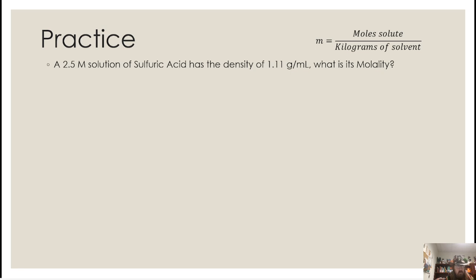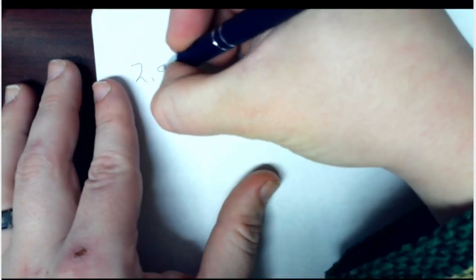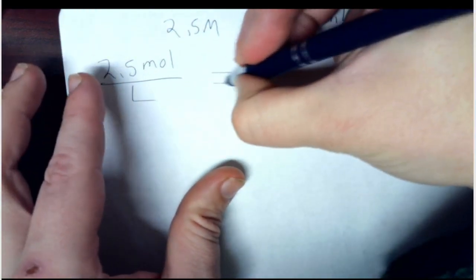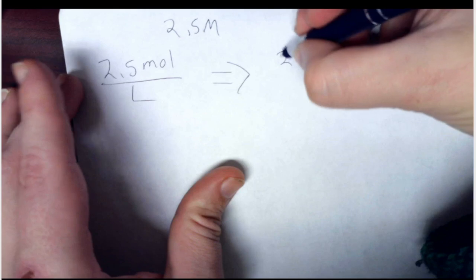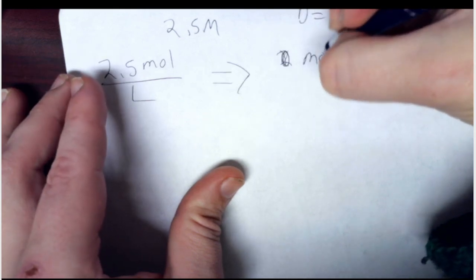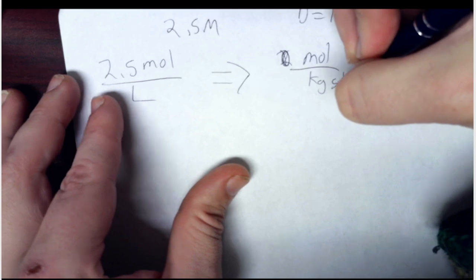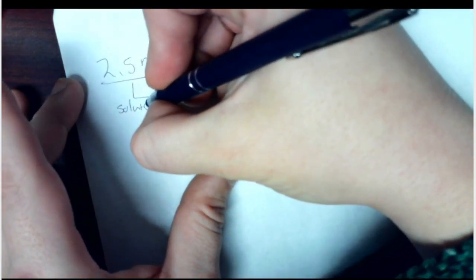What you've got to keep in mind is we're turning 2.5 moles in a liter to whatever moles per kilogram solvent. Because this is solute plus solvent.